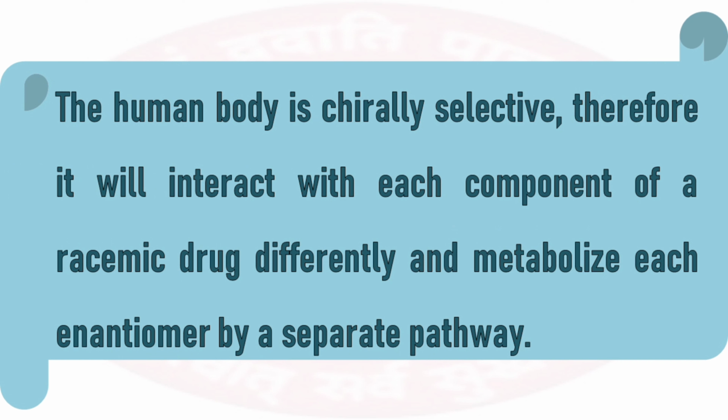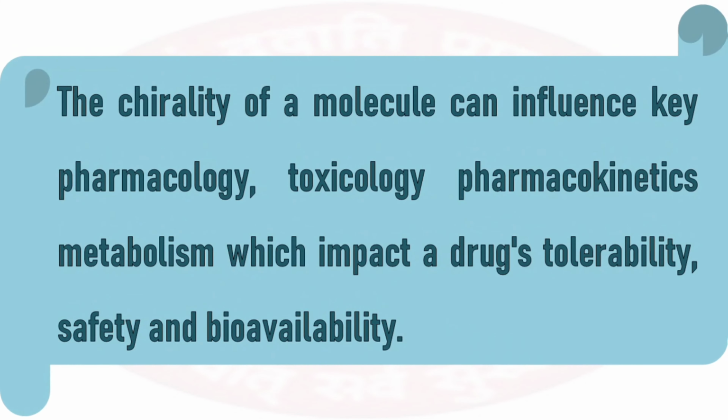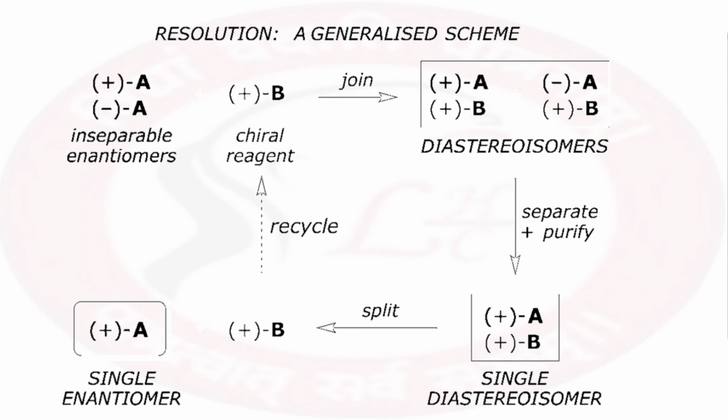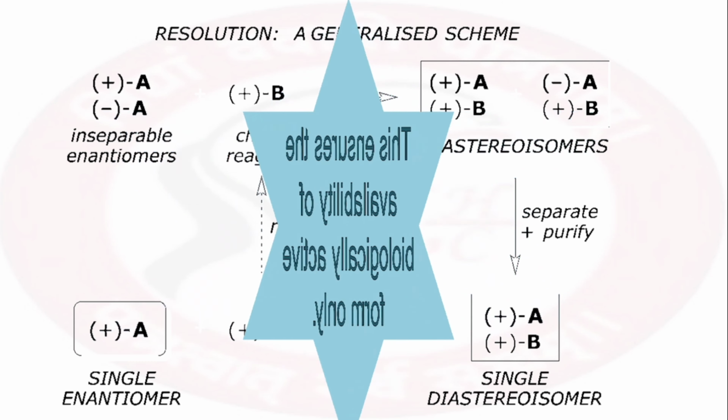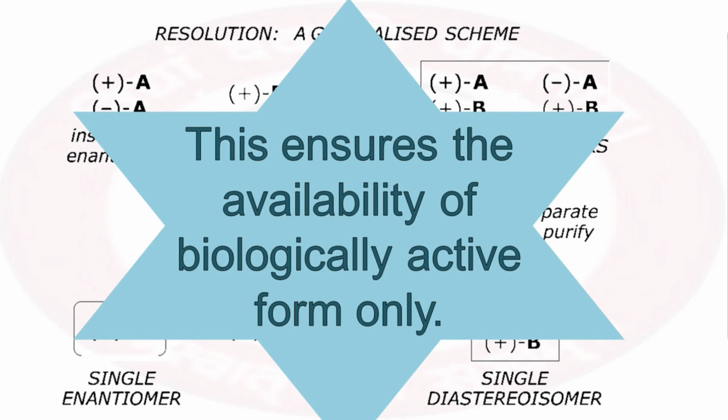Although the enantiomers of chiral drugs have same chemical connectivity of atoms, they exhibit huge difference in their pharmacology, toxicology, pharmacokinetics, metabolism, actions, etc. Therefore, when chiral drugs are synthesized, much effort is put over for the rigorous separation of the enantiomers. This ensures that the only biologically active compound is obtained as the final product.